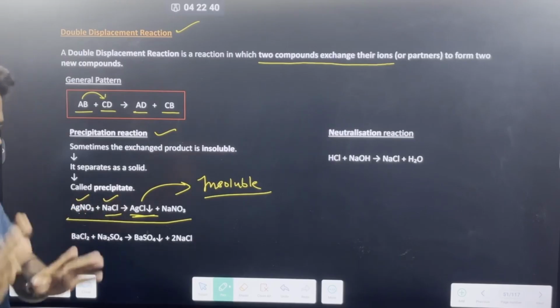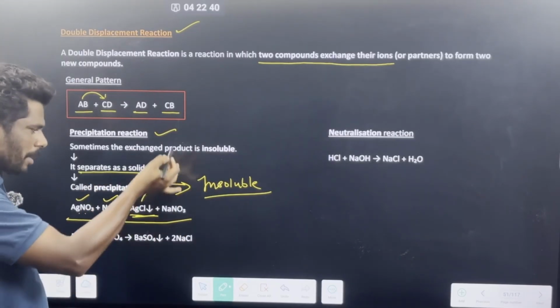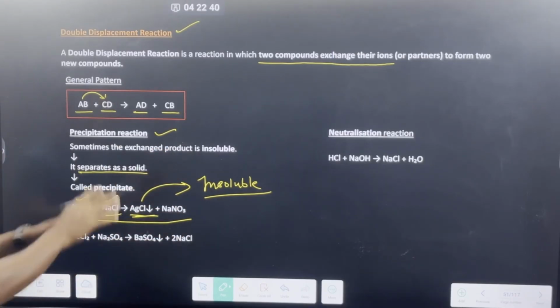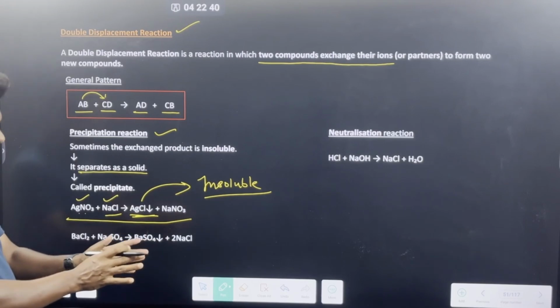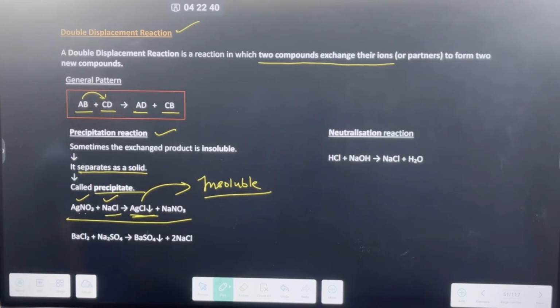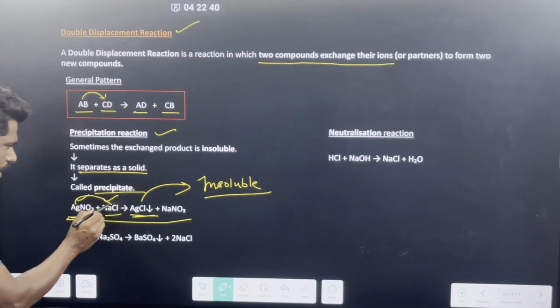That insoluble product settle down, separate from the mixture as a solid. It will settle down at the bottom. The solid which is insoluble and it settles at the bottom is called a precipitate. Of course, this is a double displacement reaction because partners are exchanged here.